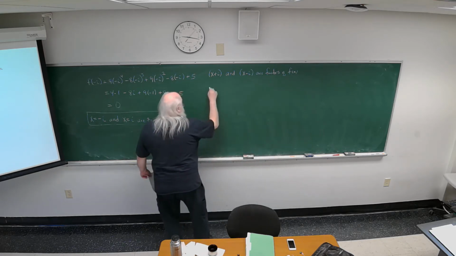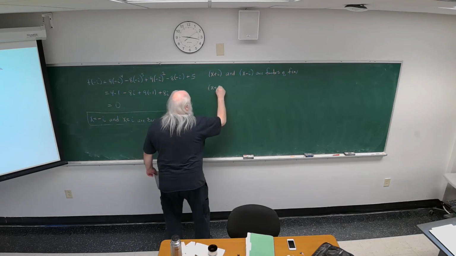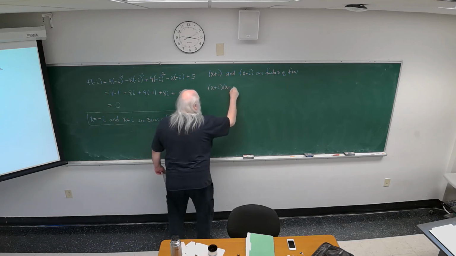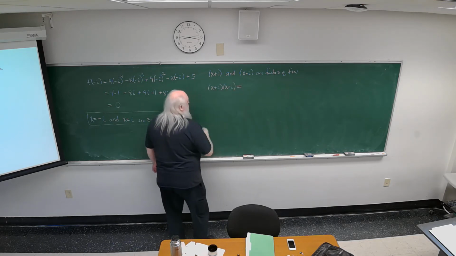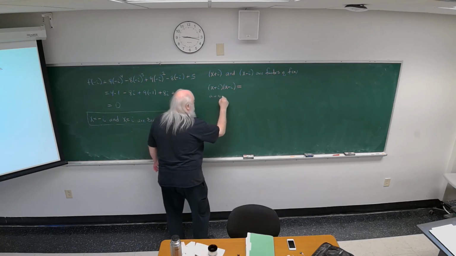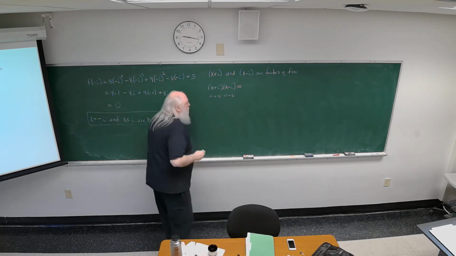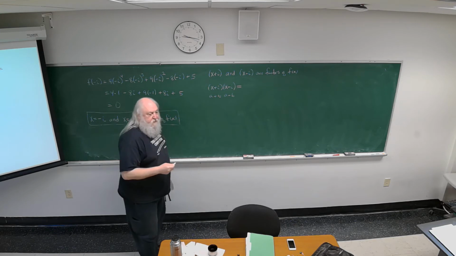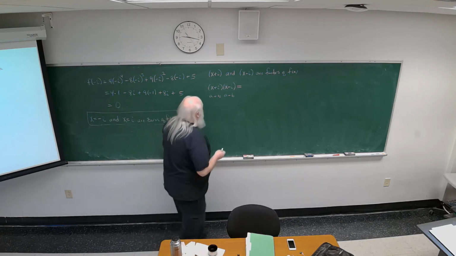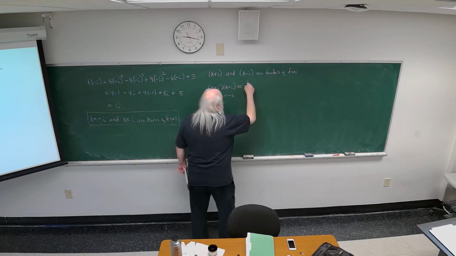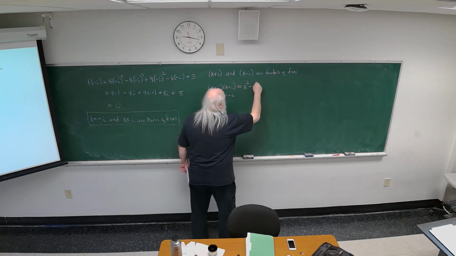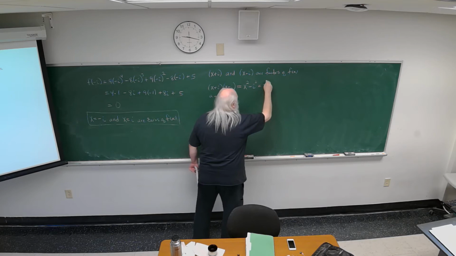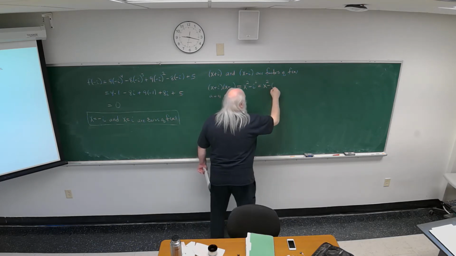So if we multiply these two factors, this is of the form a plus b times a minus b. A plus b times a minus b is a squared minus b squared, right? So this is equal to x squared minus i squared. i squared is negative 1.